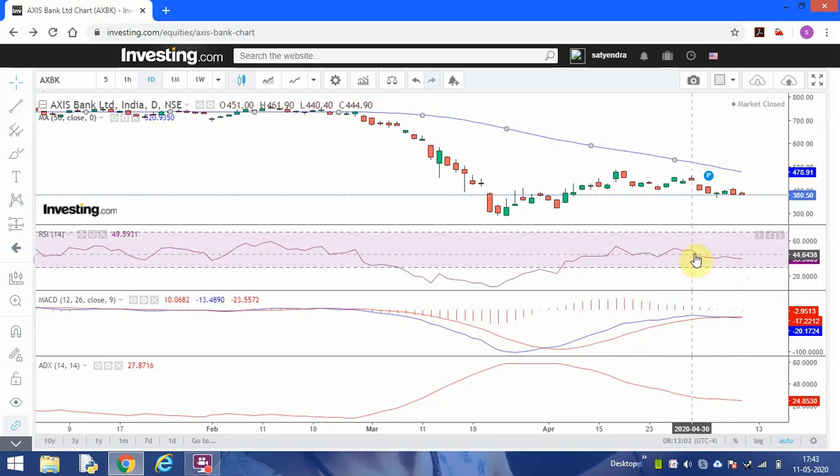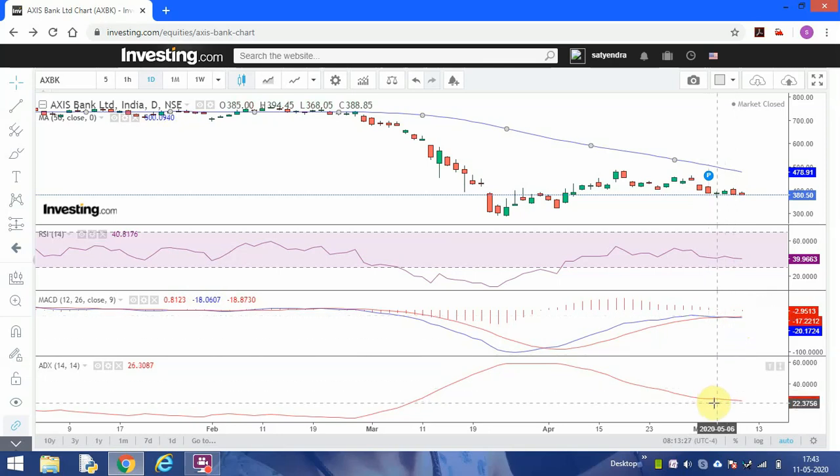It is coming from 45 towards 39. I mean to say the trend is bearish. Next, see MACD: the red line is crossing the blue line. The MACD signal line is crossing MACD, it means the trend is bearish.